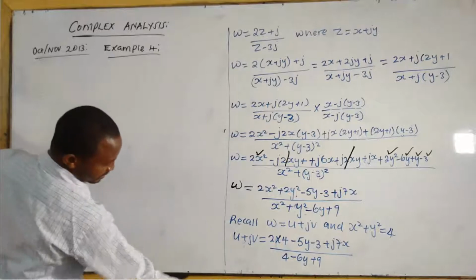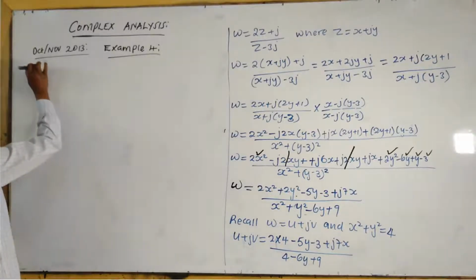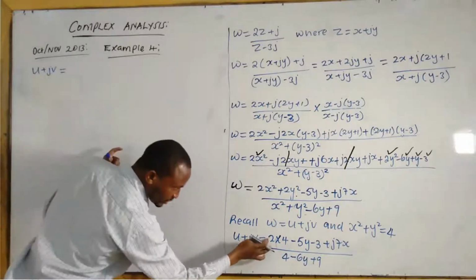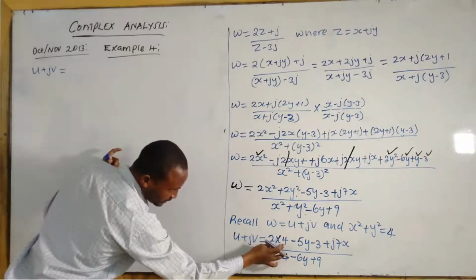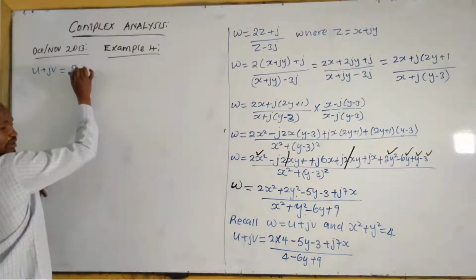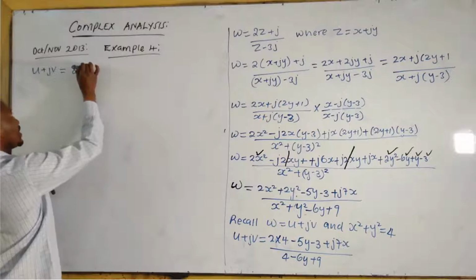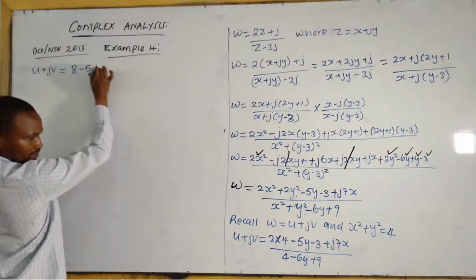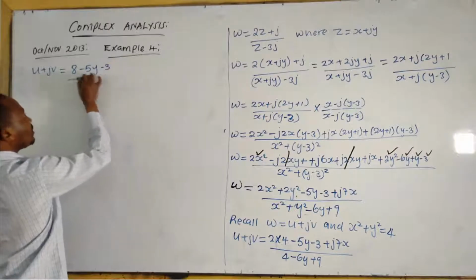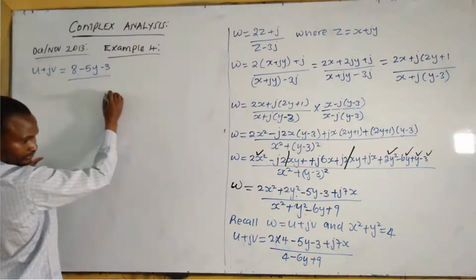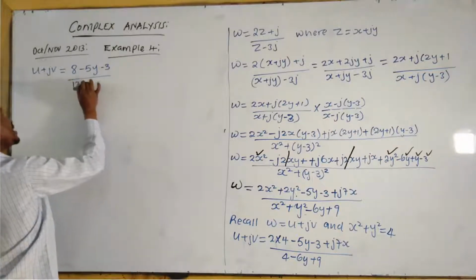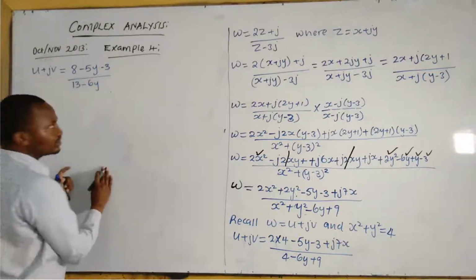So let us write that in u plus jv. 2 times 4, 8. 8 minus 5y minus 3 over, what is 4 plus 9? 13. 13 minus 6y. That is real.